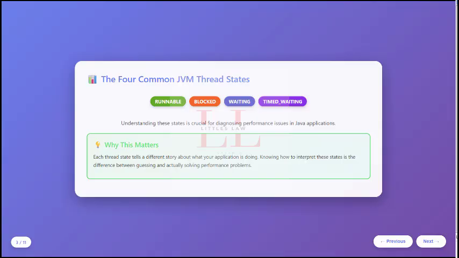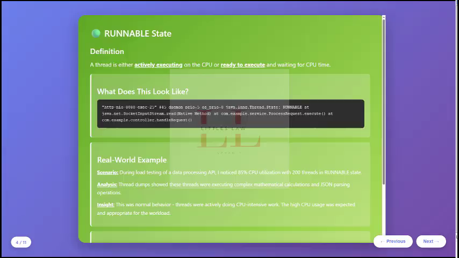That means you have a massive red flag indicating serious synchronization issues. Understanding these states will make the difference between guessing a performance problem and actually diagnosing it with precision, right? So let's move to the next slide.